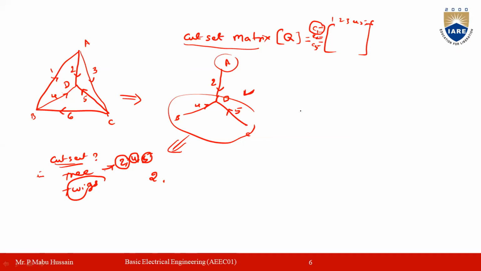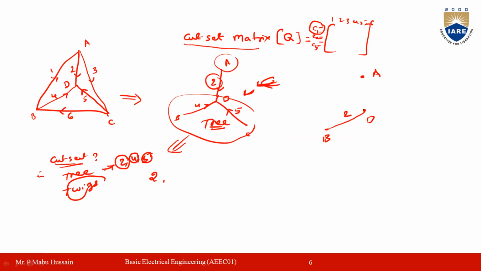I will show you one by one, right? So this is actually one tree. Now from this tree, if you remove branch 2, what you will get? You will get one isolated node A. Okay. So now between B and D, you will be having one branch 2.